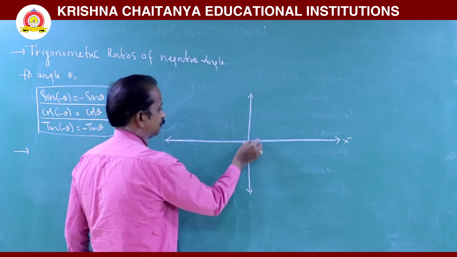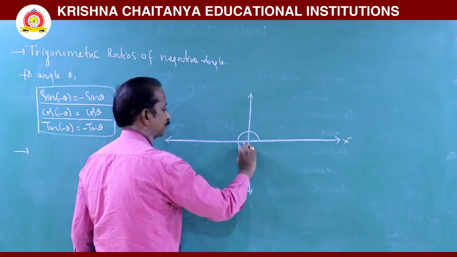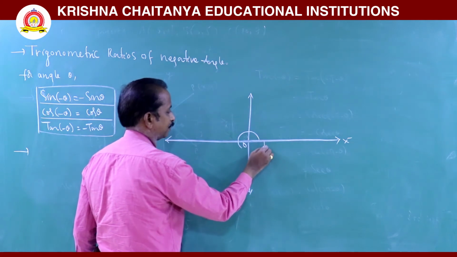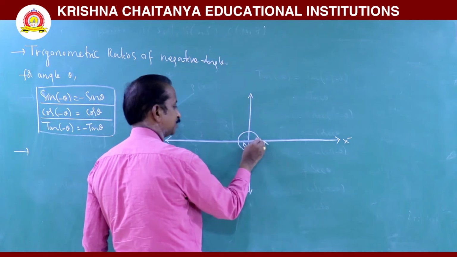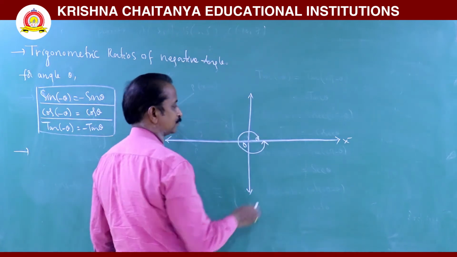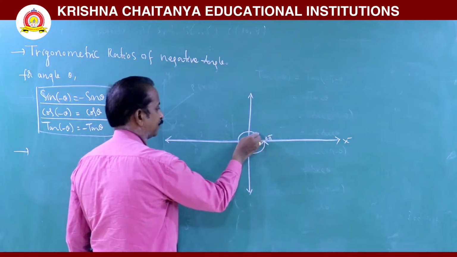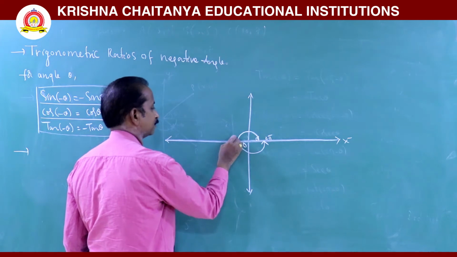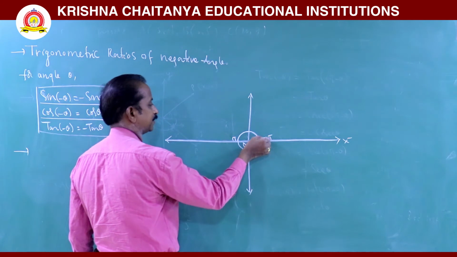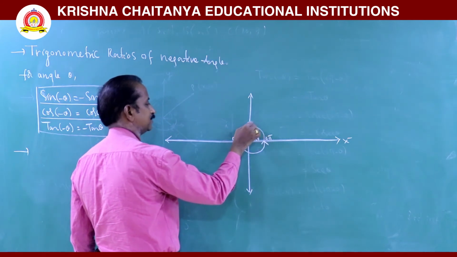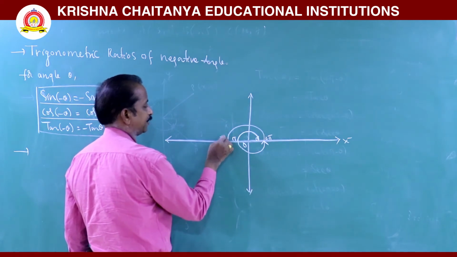So this angle of rotation is called one turn. One turn means the initial angle is 0. After completion it is 2 pi. Half a rotation is pi. If you continue in the same direction, this is 3 pi radians.